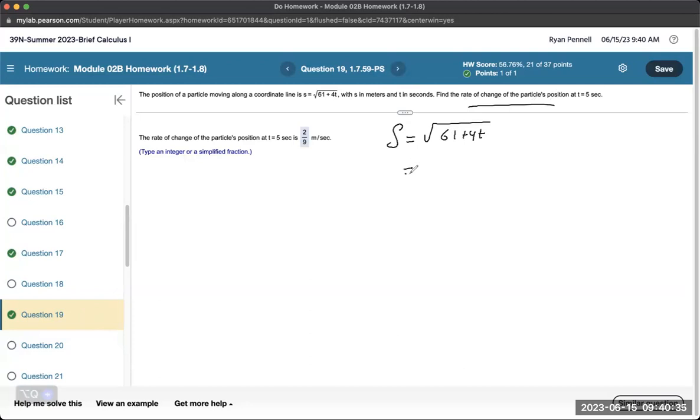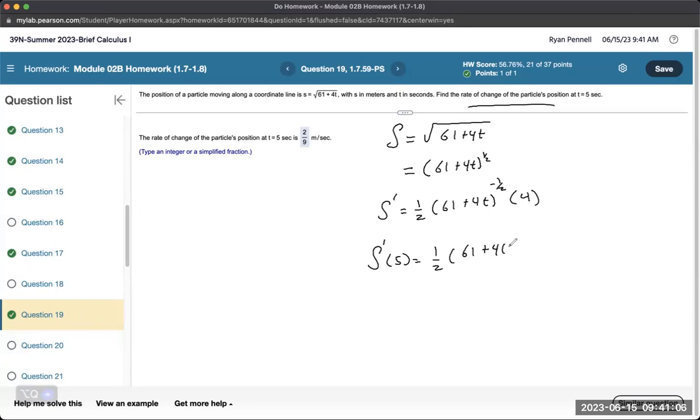I'm going to rewrite this as (61 plus 4t) to the 1/2. To find the derivative, 1/2 times (61 plus 4t) to the -1/2, and then the derivative of the inside is 4. They want it evaluated at 5, so s prime evaluated at 5 is 1/2 times (61 plus 4 times 5) to the -1/2 times 4.